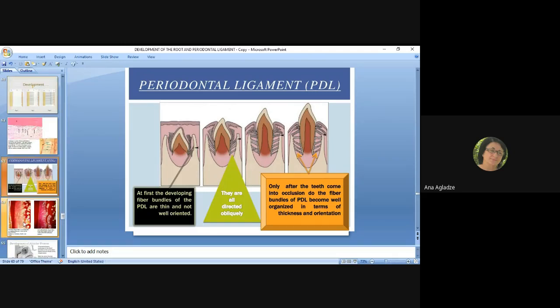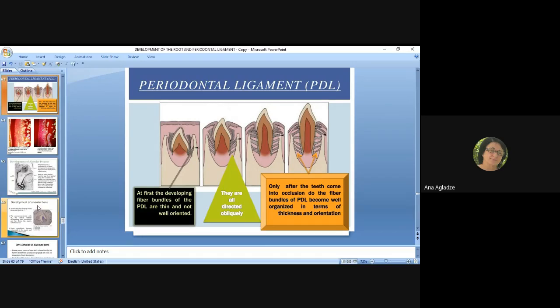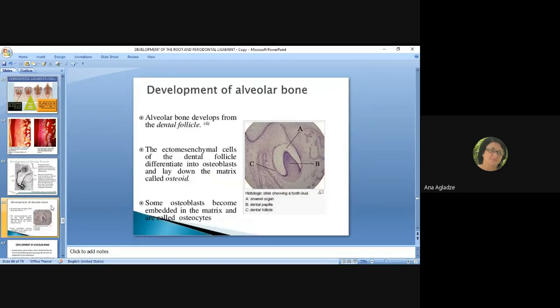Then we can discuss alveolar bone development.